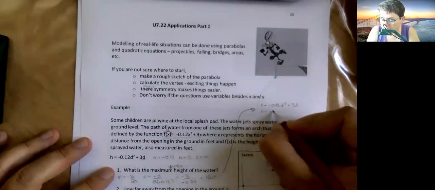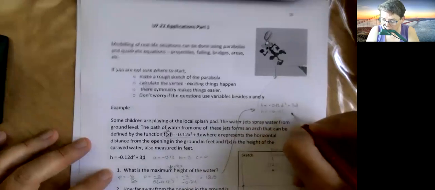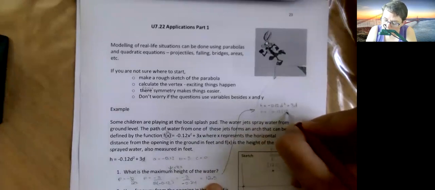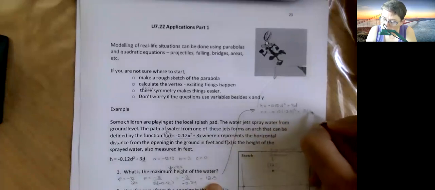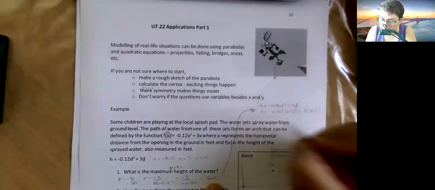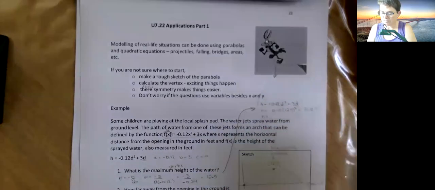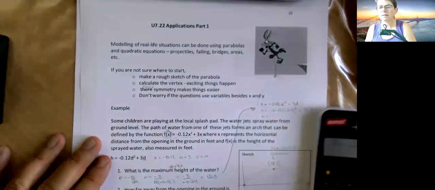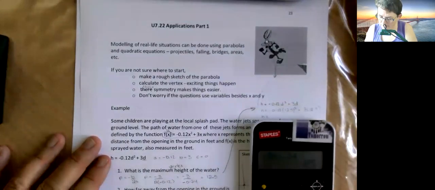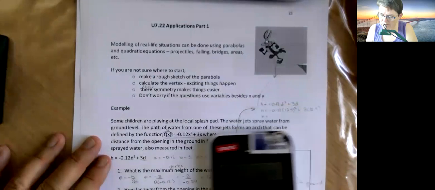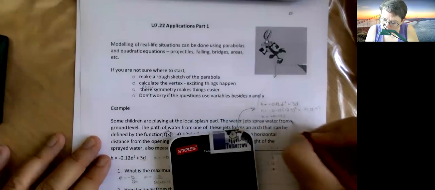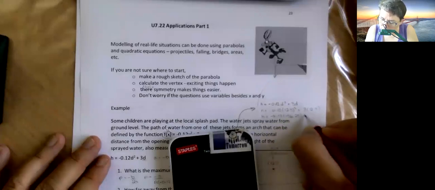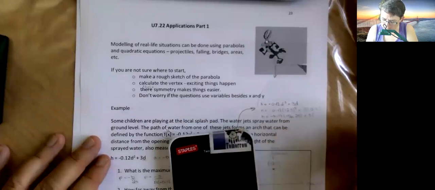Height is equal to negative 0.12 times 12.5 squared, we just plug it in, plus 3 times 12.5. 12.5 squared is 156.25. So height is negative 0.12 times 156.25 plus 3 times 12.5.